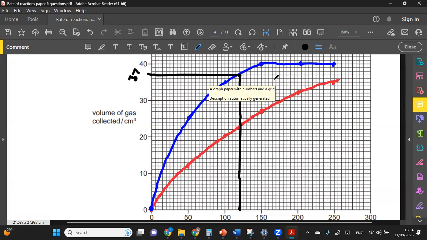It can't be higher than 40. 40 is the maximum, right? Yes. Since it's 800, it's gonna be doubled.